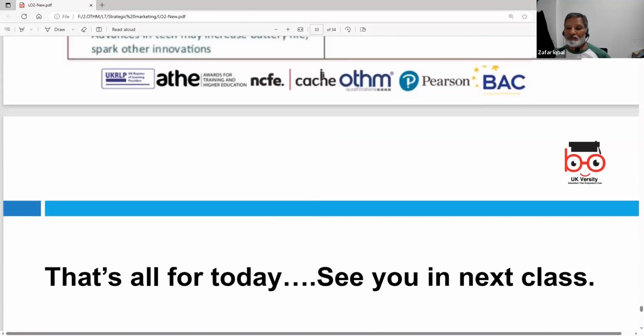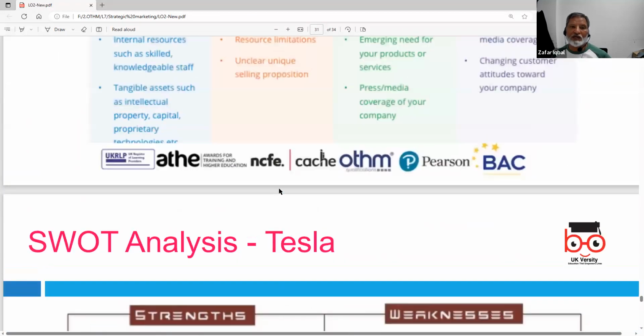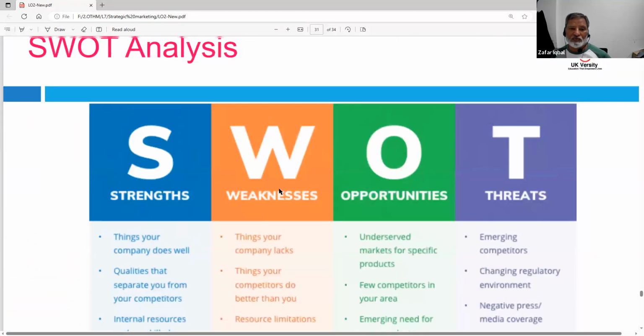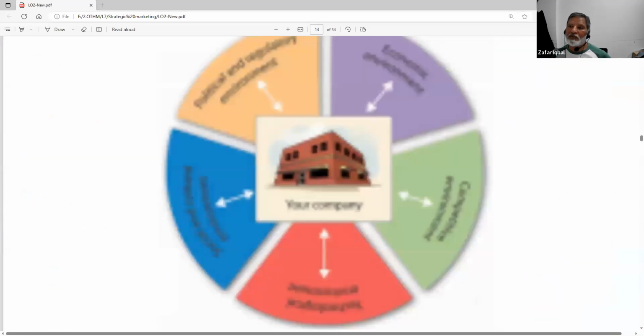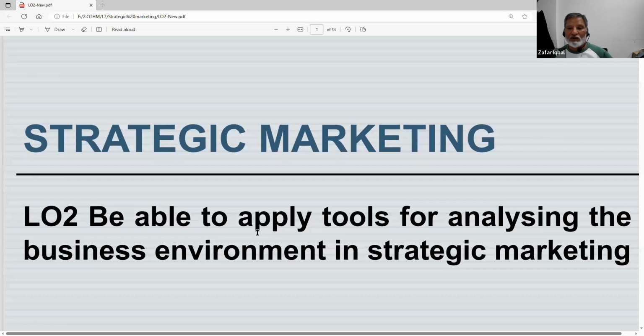Okay, so we've considered a lot of material today on different types of tools that are useful for developing a marketing strategy, and being able to apply tools for analyzing the business environment in strategic marketing. This is what we set out to do in the first instance. So today we covered a lot of material on the tools that we can use for strategic marketing.